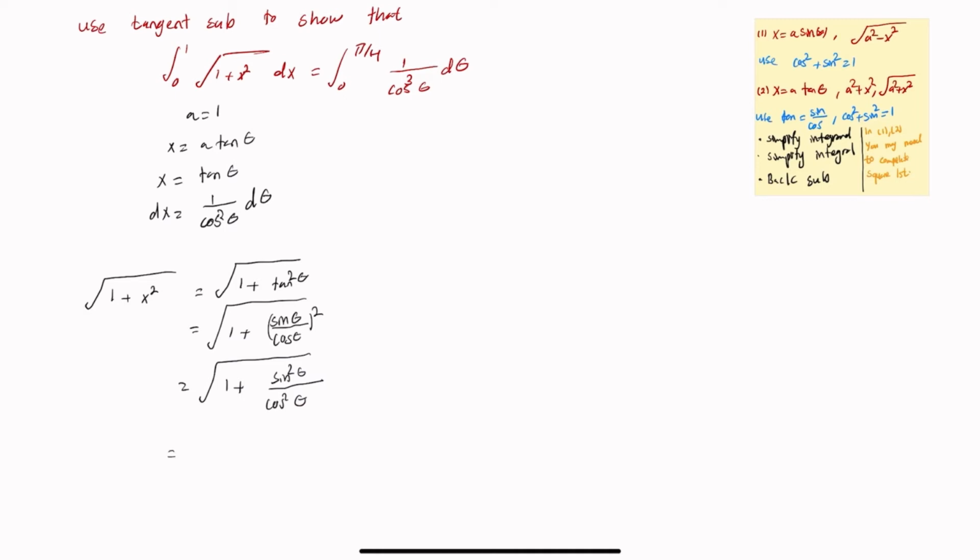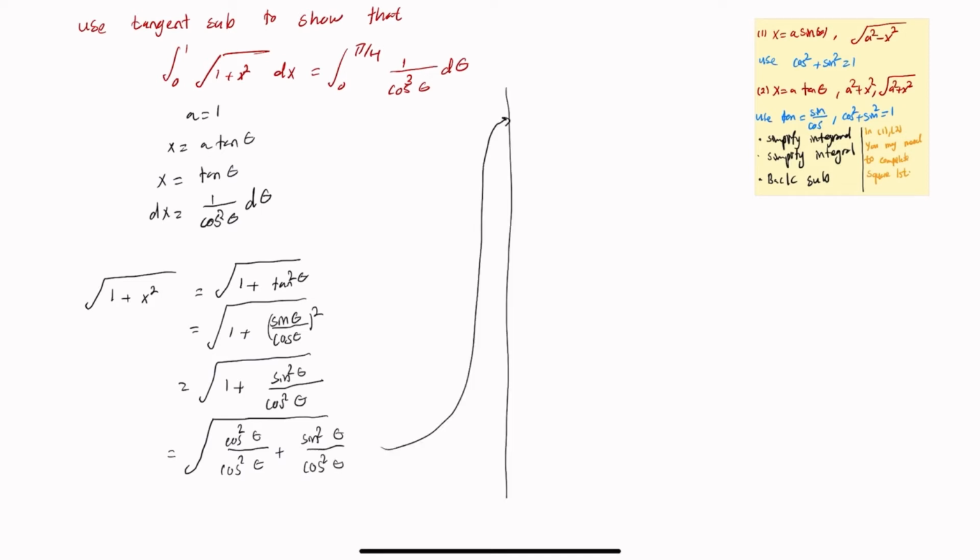So that's going to be equal to the square root, and then 1 multiplied by cosine squared of theta. That's going to be cosine squared of theta, and we're also multiplying the denominator, so it's going to be the same. Cosine squared of theta, and then plus sine squared of theta over cosine squared of theta. This is going to be equal to 1 over, and then we combine that into one fraction. So the denominator is going to be cosine squared of theta, and then we have cosine squared of theta plus sine squared of theta.